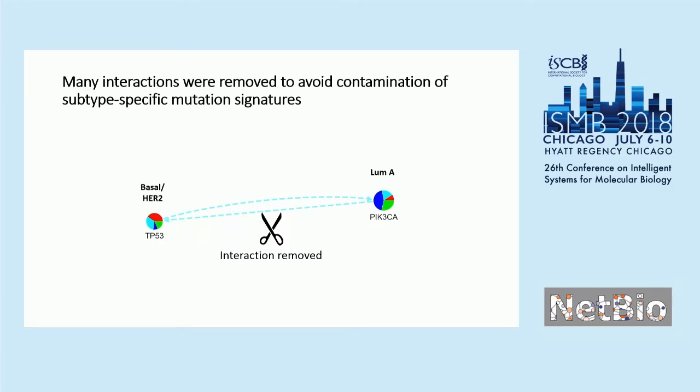Interestingly, our algorithm also learned that many interactions should be removed from the network propagation to avoid the contamination of the subtype-specific mutation signatures, such as this edge between P53 and PIK3CA. That is because the algorithm learned from the training datasets that the mutations on PIK3CA are enriched in basal and HER2 subtypes, whereas they are depleted in luminal A subtype.